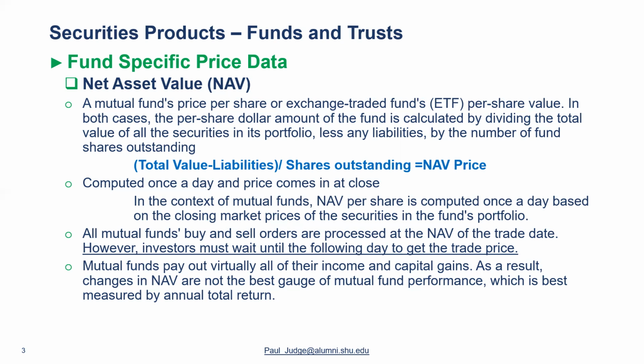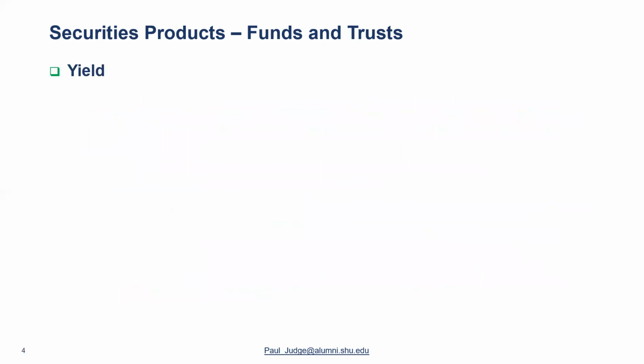There are different ways and different philosophies on how to gauge the performance of mutual funds, but I think this rule of thumb, which says the best measure is the annual total return, is probably a reasonable thing to consider. But again, you should speak to your investment advisor and take their advice.